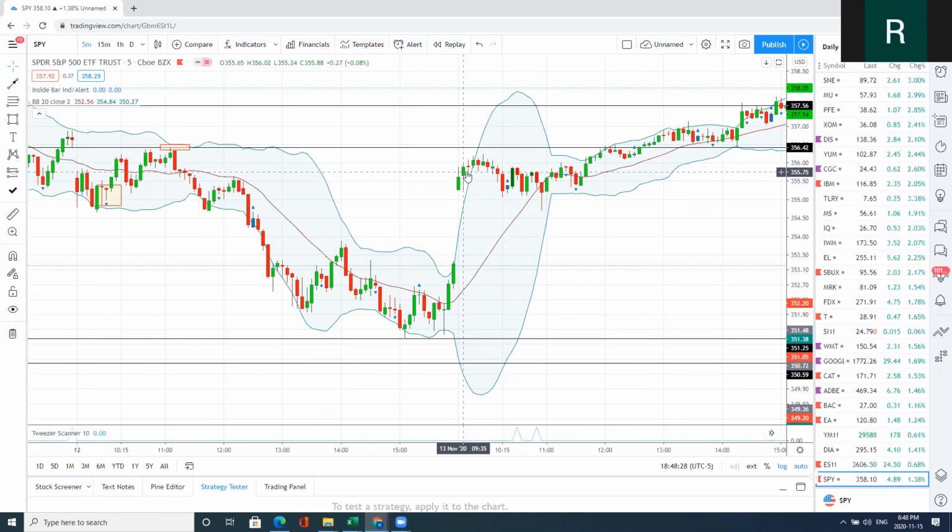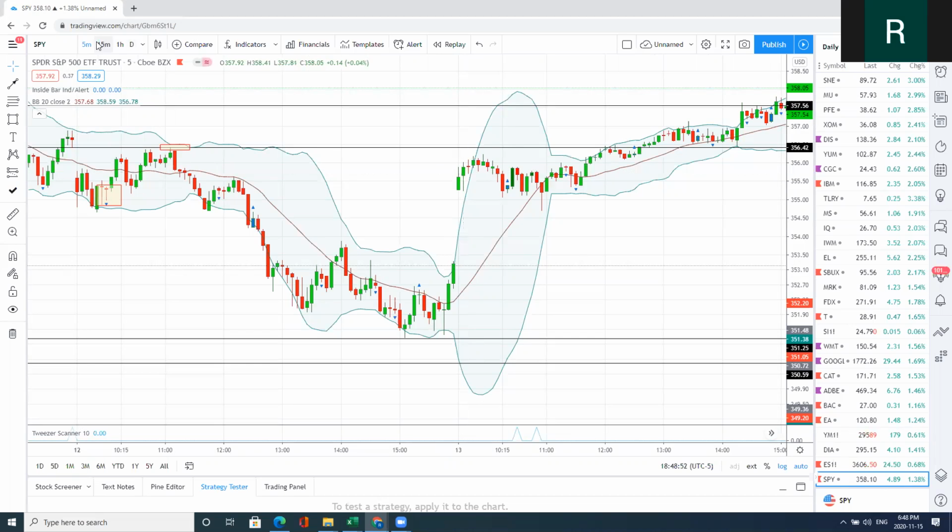Every time frame has a different personality and different risk to reward. On a 5-minute chart, you can really go for home runs. You can go for 3-to-1, 4-to-1, because you're catching something at the apex. On a 15-minute or hourly, you have to be a little more conservative, but it's a little more reliable because there's more volume involved in making a 15-minute candle than a 5-minute candle.